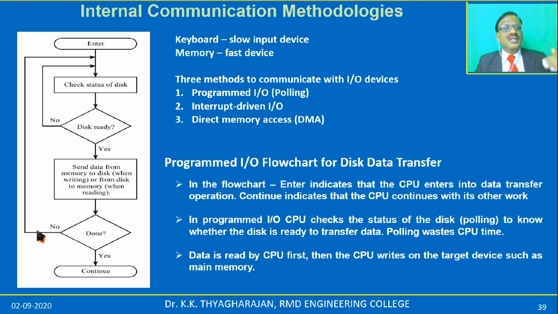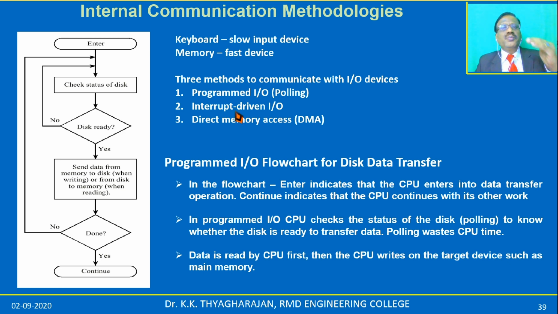If it is not over, then it will again be checking the status of the disk until it is free. So in this method, the CPU time is wasted by just checking the status of the disk. So this is called polling.